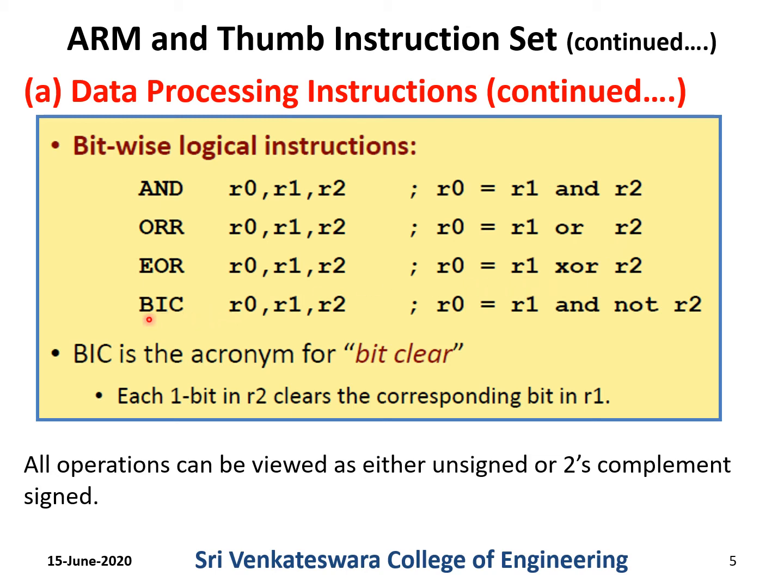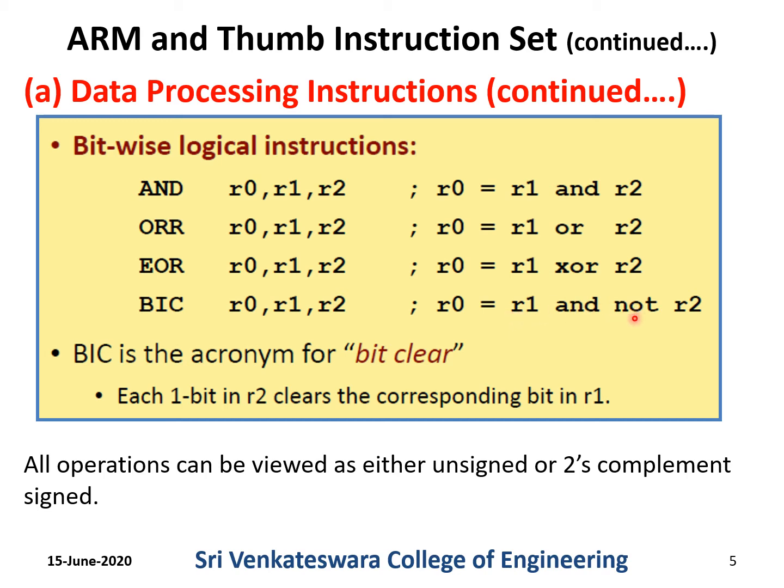Now coming to this bit clear, R0 is replaced with R1 and not of R2. Which means that whichever positions R2 has a 1, those positions are inverted and then it is ANDed with R1.